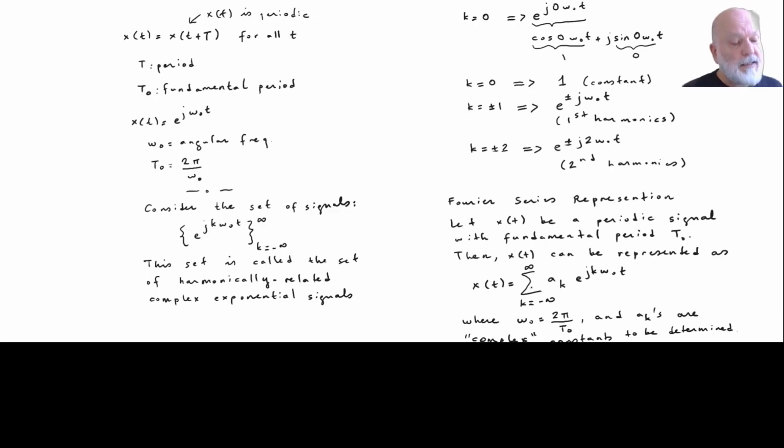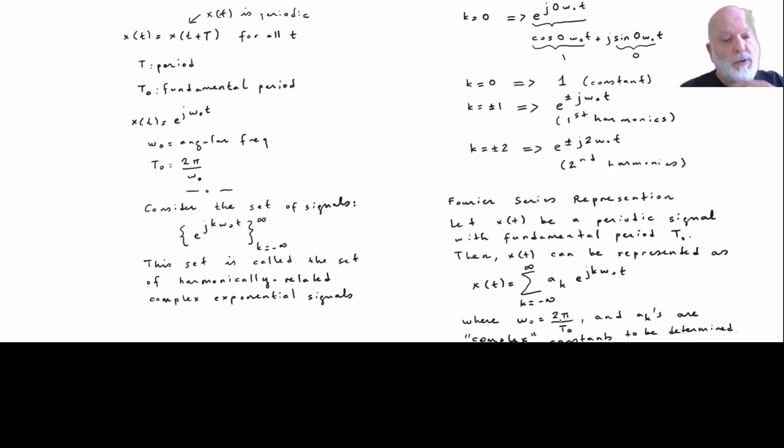That means their frequencies are integer multiples of a fundamental frequency omega 0, which is related to the period of the periodic signal by means of this expression, omega 0 equal to 2 pi over T0.